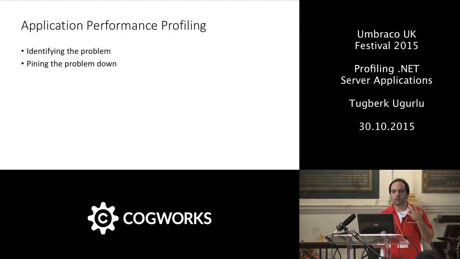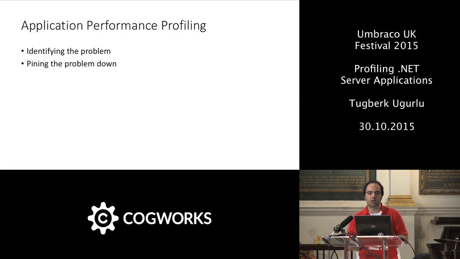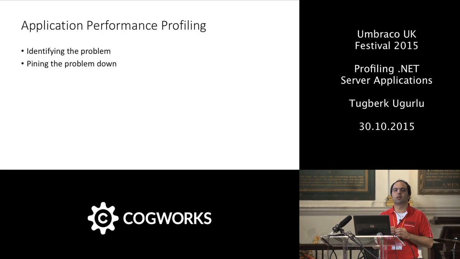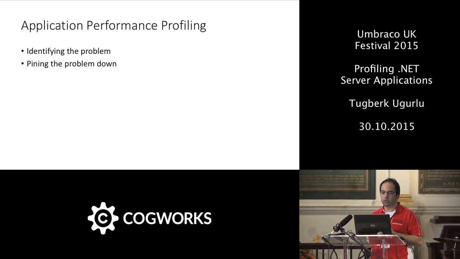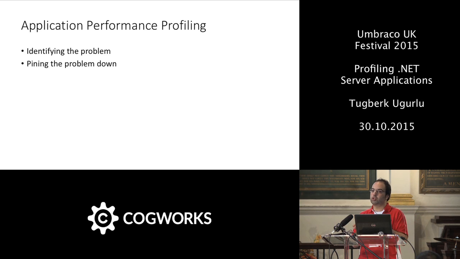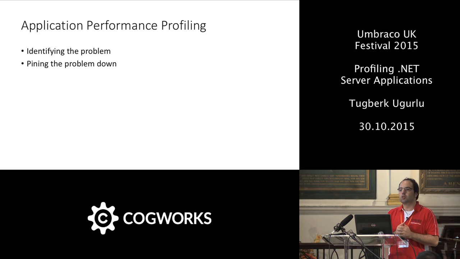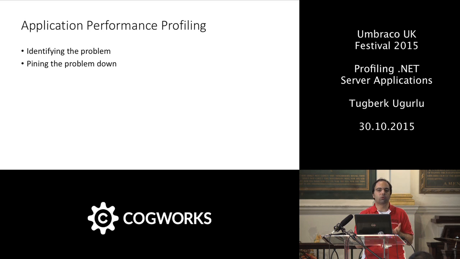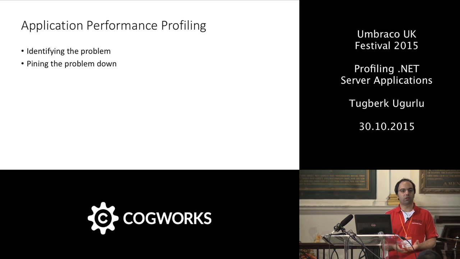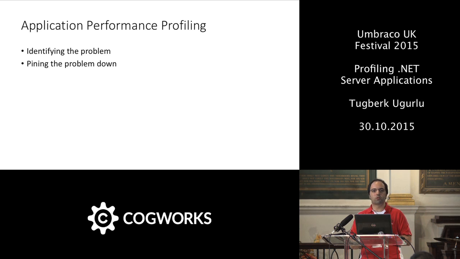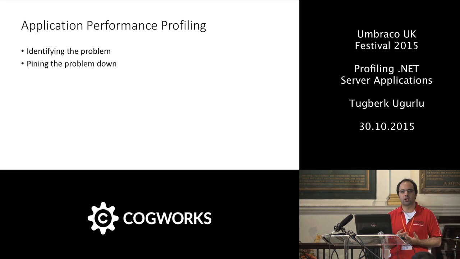So yeah, as said, you may not always understand the problem by looking at the logs. One of those situations is the performance problem. You may see that your requests are taking longer and longer, but you cannot understand what's going on, why it is happening. By looking at the logs, everything seems really fine, but you are having performance problems. These types of problems are a bit harder to identify.